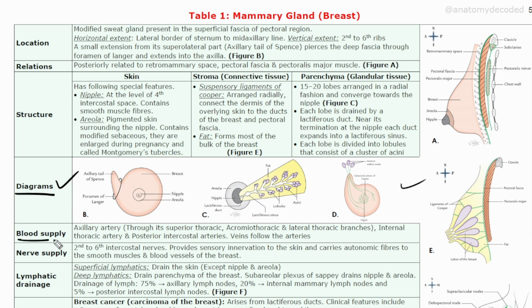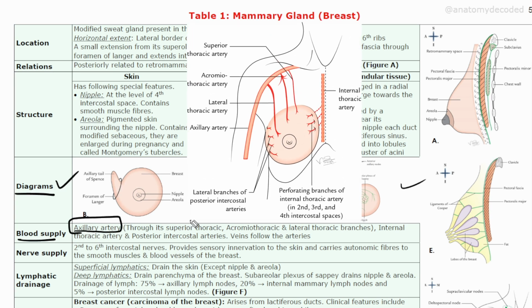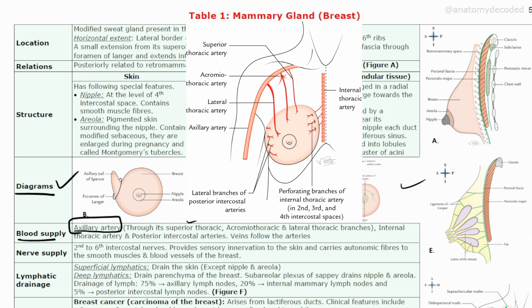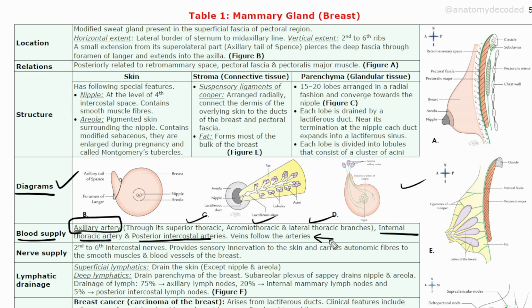Then blood supply to the mammary gland comes from the axillary artery. There are branches of axillary artery called superior thoracic, acromiothoracic, and lateral thoracic branches. Apart from that, internal thoracic artery and posterior intercostal arteries all supply the mammary gland, and veins follow the arteries.